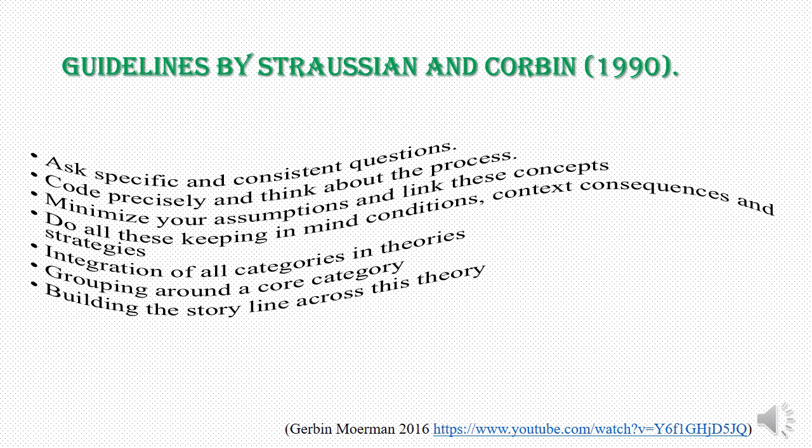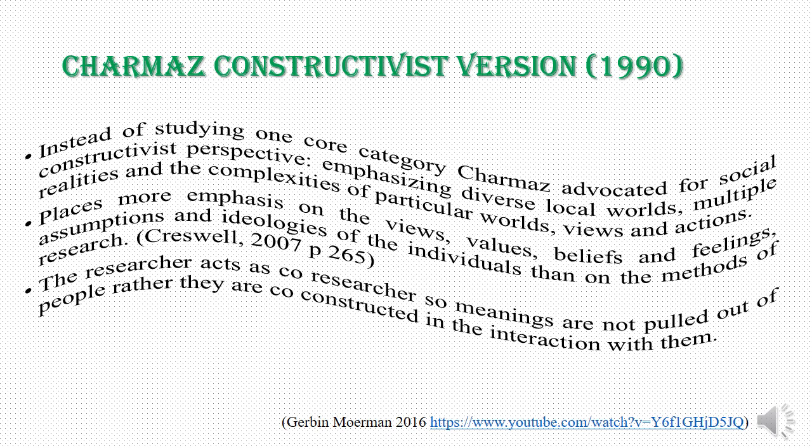Let's see what is the difference of Charmaz's constructivist version from the Strauss and Glaser versions. Actually, Charmaz's constructivist version emerged in 1990. Instead of studying one core category, Charmaz advocated a social constructivist perspective, emphasizing diverse local worlds, multiple realities, and the complexities of particular worlds, views, and actions.